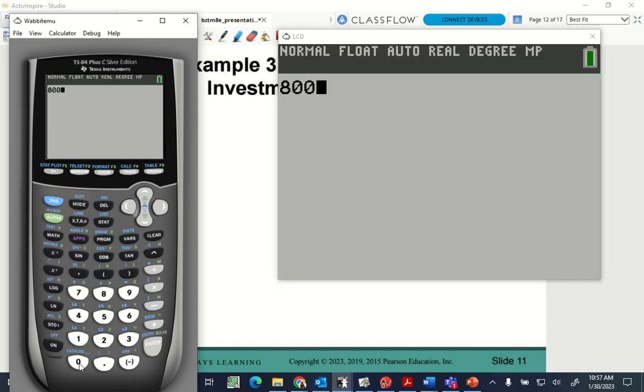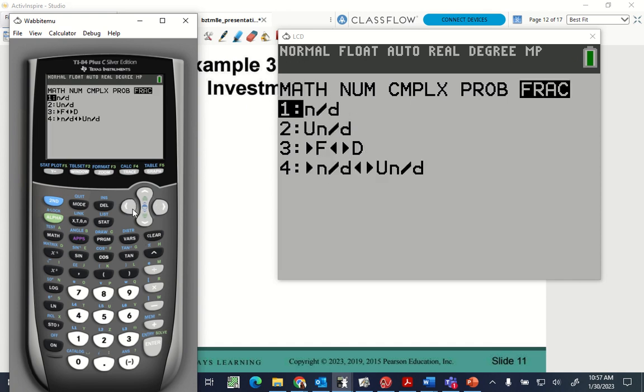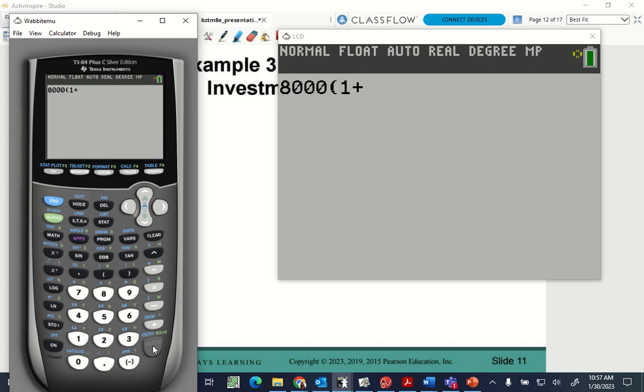8,000. Parentheses. 1 plus. Now, to do the fraction here, just hit math. I arrowed over to find fraction, so N divided by D, that's numerator, denominator.